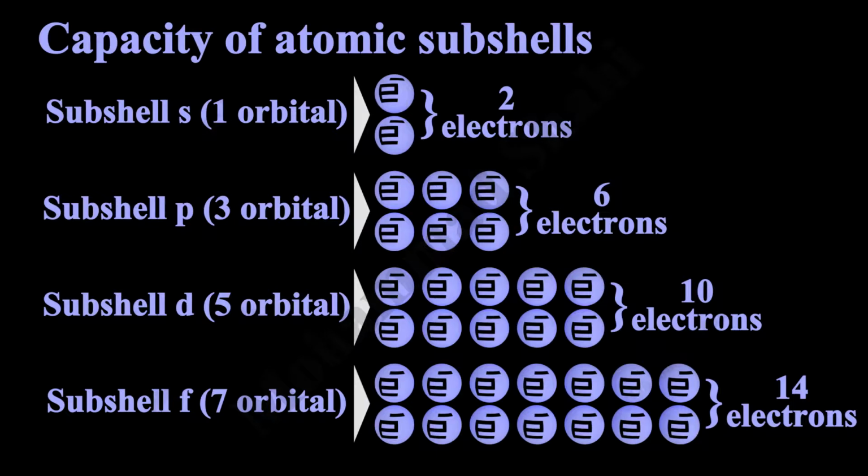In this regard, we should also pay attention to the capacity of atomic subshells, or the number of electrons required to completely fill each kind of atomic subshell. In electronic configuration of atoms in their most stable form or ground state, among many other possible atomic subshells, only 4 types of atomic subshells are observed to be filled, which are s, p, d, and f atomic subshells.